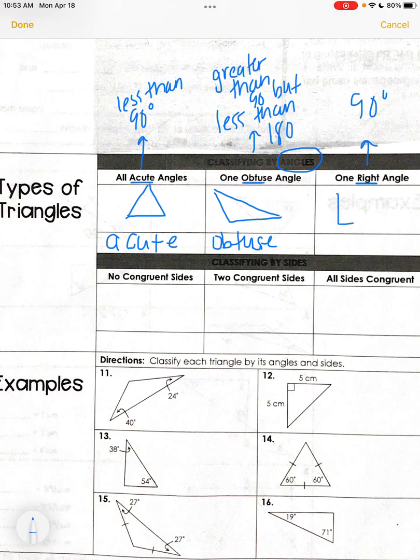And then if we have a 90-degree angle, that is our right triangle. Okay? So we have acute, obtuse, and right triangles.